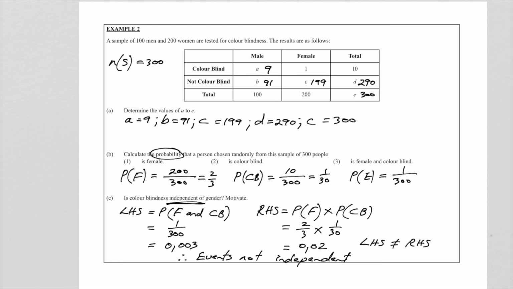So when this rule for independent events doesn't work out correctly, and please remember, you must do it separately, left-hand side, right-hand side. And if your answers are not the same, they are not independent. Like in the previous example, if the answers are the same, they are independent. Thank you.